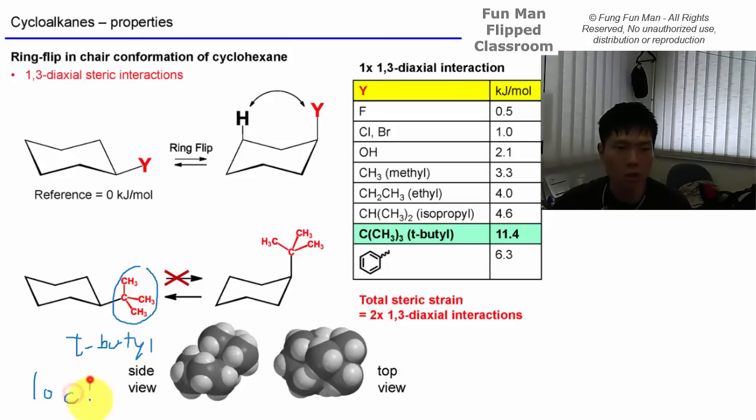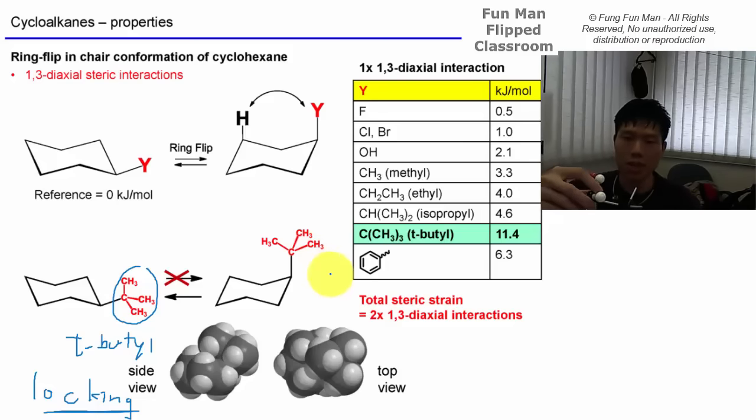That means if you have a tert-butyl group in the cyclohexane, it must be in the equatorial, not axial. Because since this branches out, if I put it in the axial position, it's going to interact very much with the surrounding electron cloud. It's very bad.